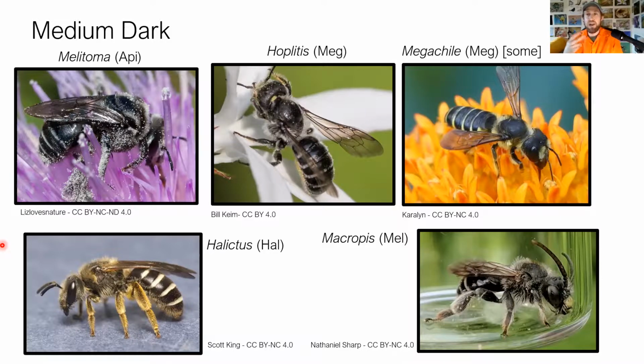Those flowers don't actually produce nectar; they only produce oil. So they have special scopa, or hairs, that allow them to collect these oils, which they provision their nest with. They're very rare, hard to find, and their range is limited to where there are these loosestrife flowers, various plants in that genus.